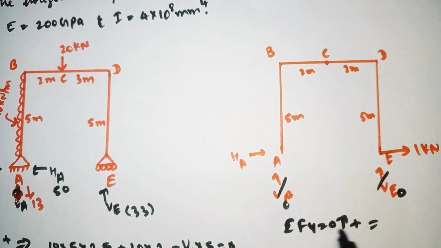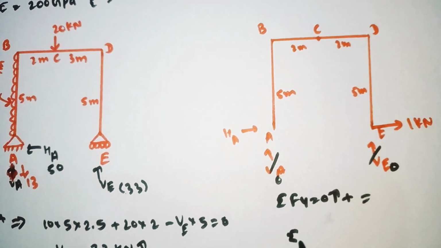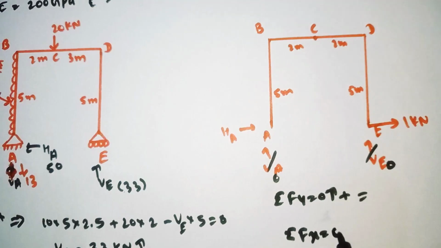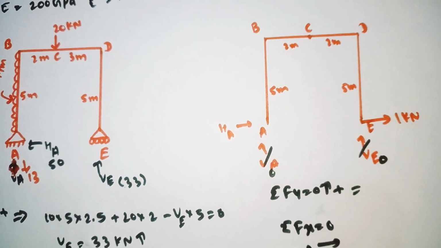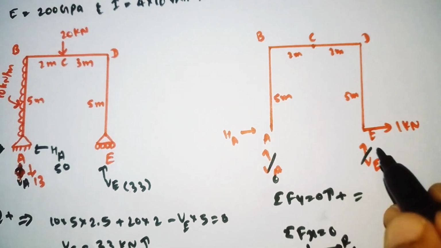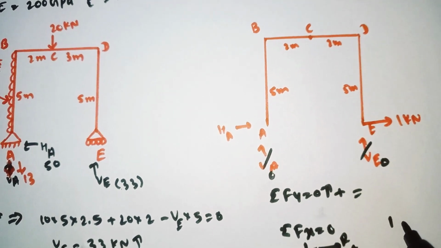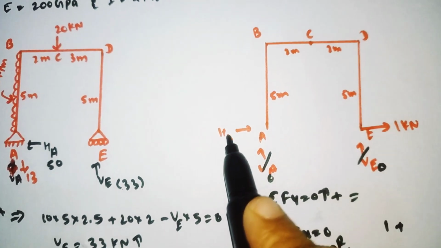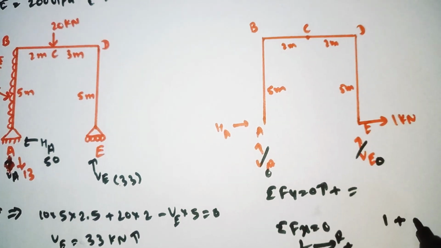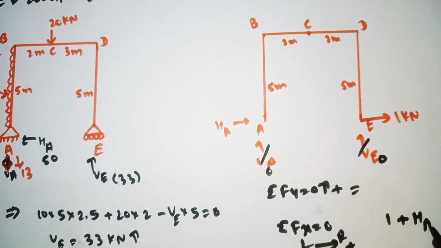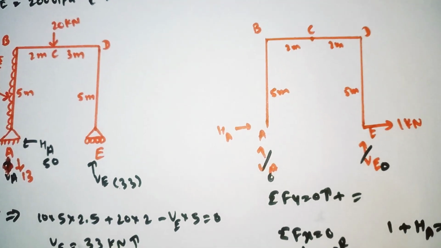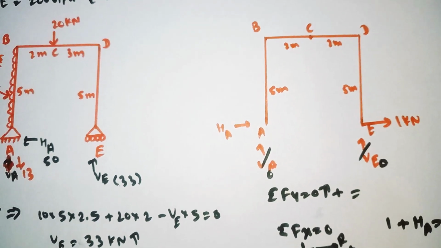Here one horizontal force is there. Summation of all the horizontal forces is equal to 0. Left to right we take positive. Here it is moving left to right, 1 kilonewton, so plus 1. HA is also moving left to right, so it is also positive, plus HA is equal to 0. So HA will come out as minus 1.